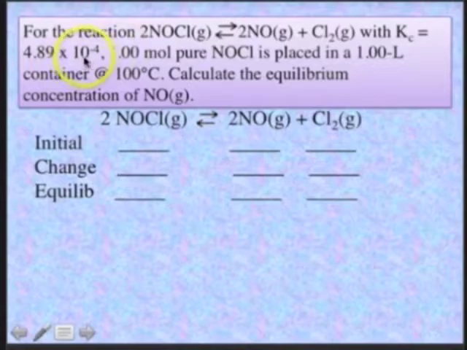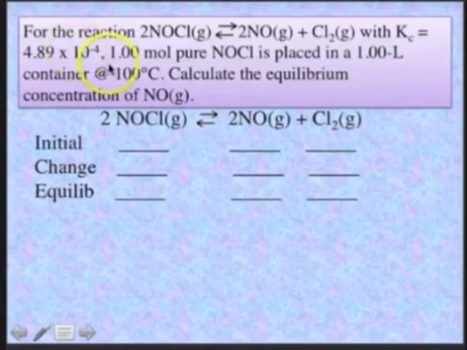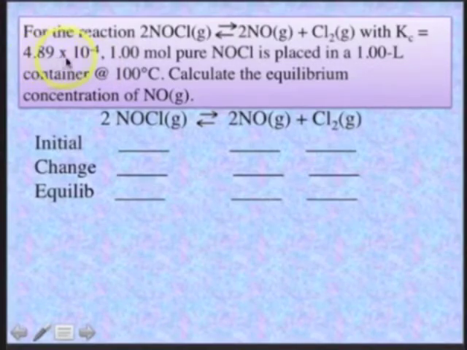If it gets to around 10 to the minus 4, it gets to be a little bit cuspy, right on the edge of whether the approximation will work. So what we want to see is, can we use the approximation here if we have 4.89 times 10 to the minus 4 as our value of K?